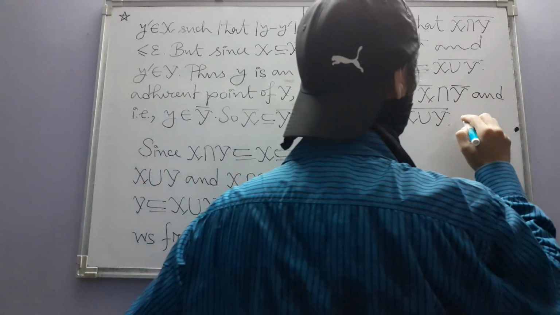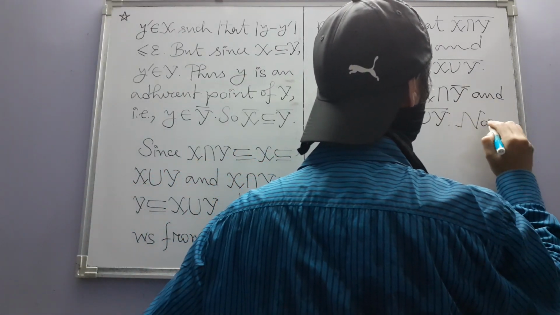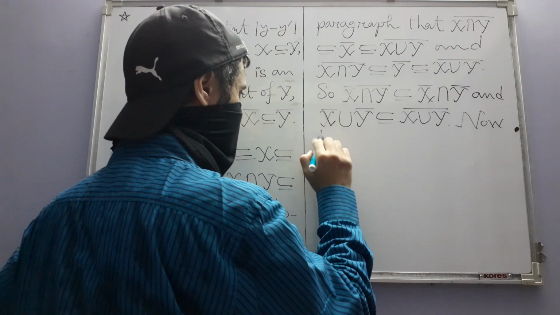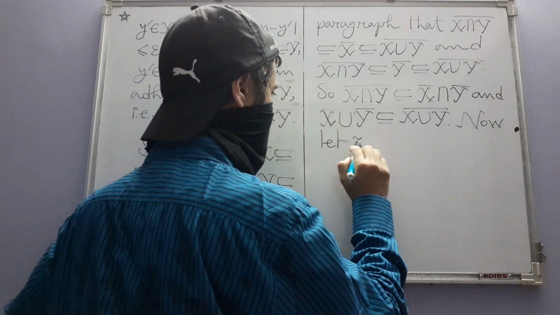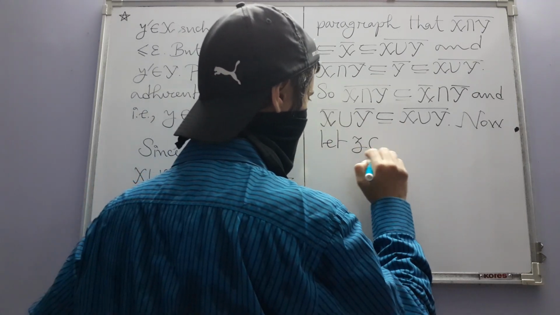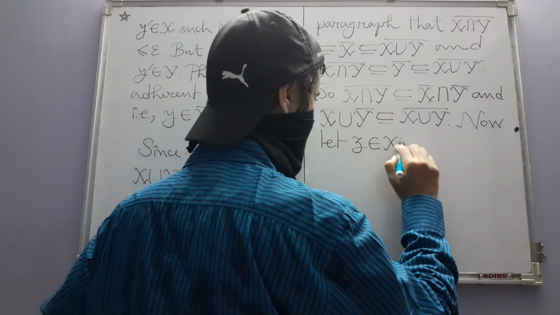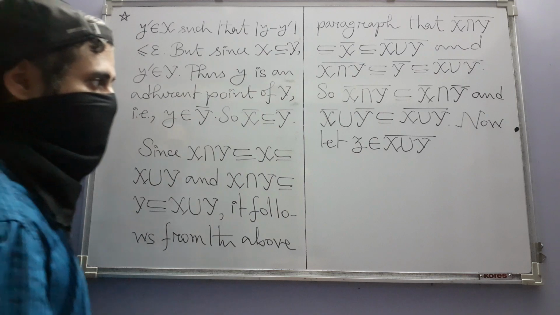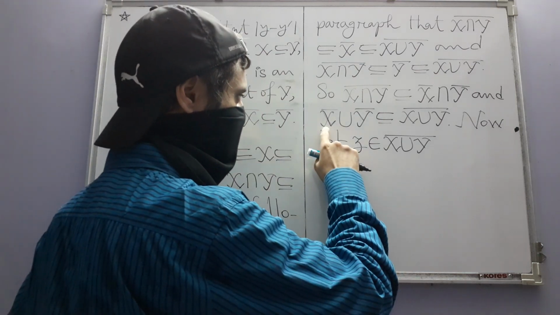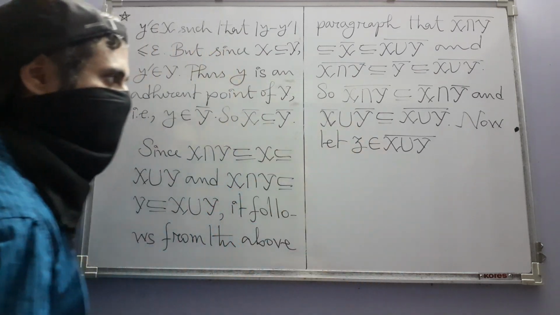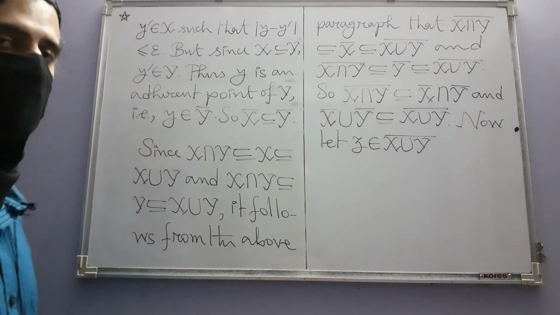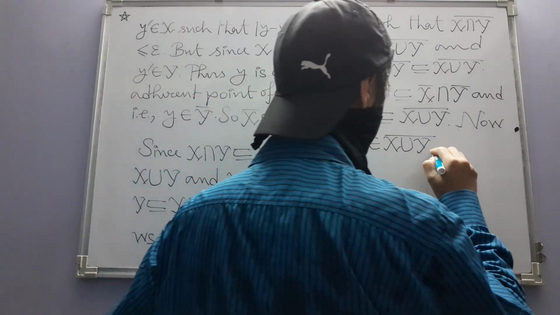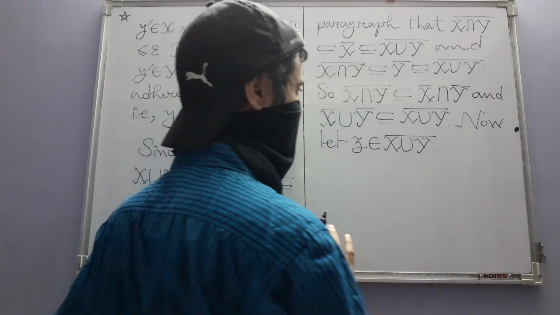So for that, we take any element in this. Now our aim is to show that this Z belongs to the union of the closures. Suppose that is not the case. That means we will try to arrive at a contradiction.